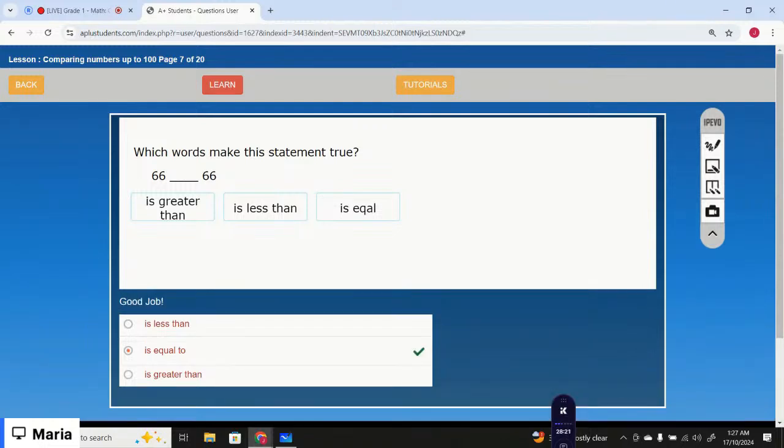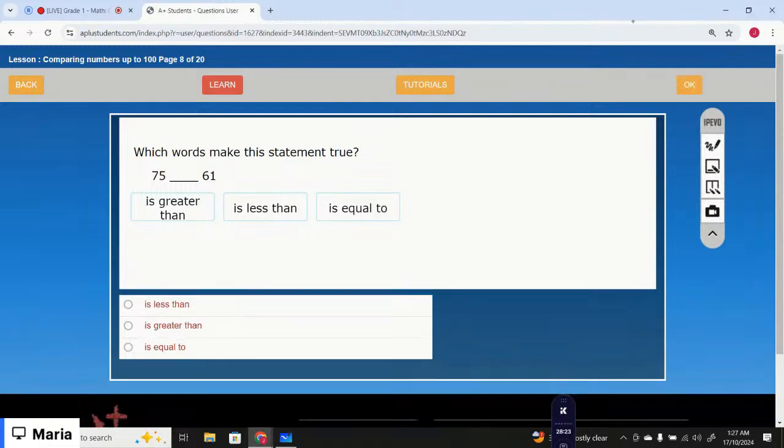So 66 is equal to 66. Which words make the statement true? 75 and 61.